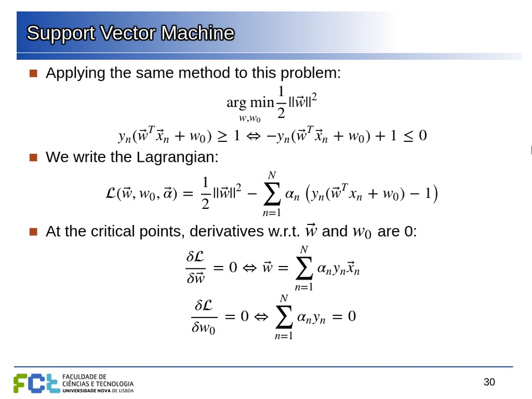So when we write the Lagrangian, we will have one Lagrangian multiplier for each data point that we have. It's important to understand where this comes from. We have one constraint for each data point, so we have one Lagrangian multiplier for each data point. And this is the Lagrangian for this problem: the function we want to optimize, and then the sum of all those Lagrangian multipliers multiplied by the function that gives us the constraint for each data point.